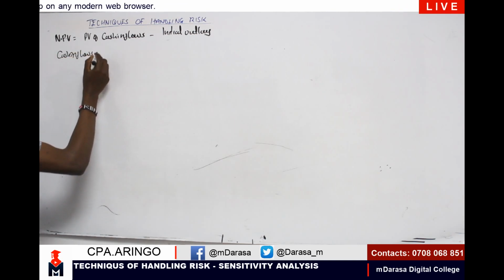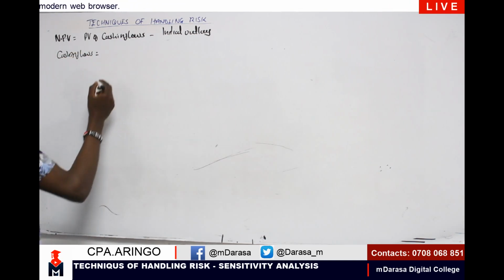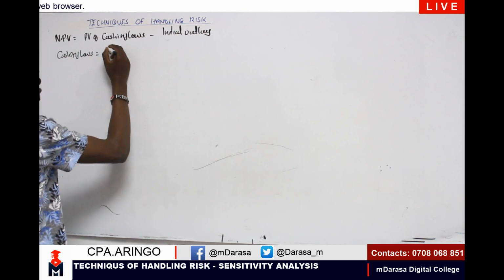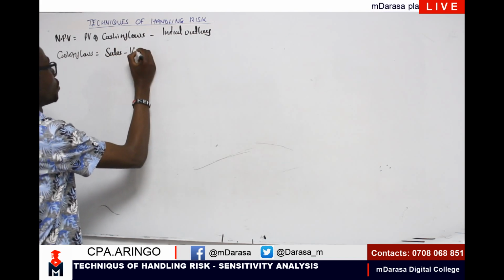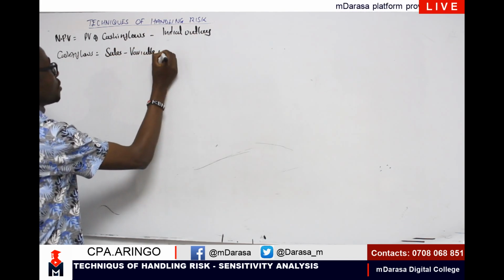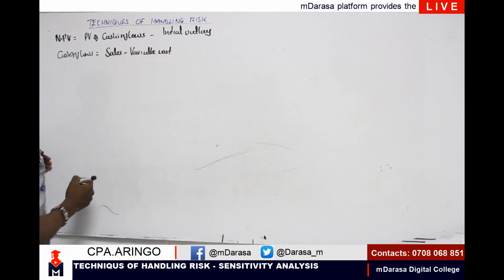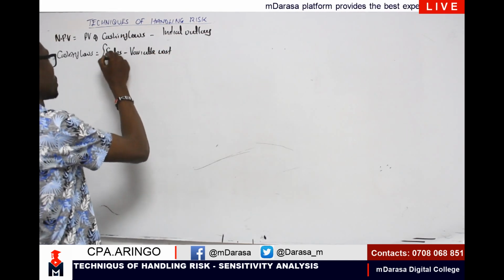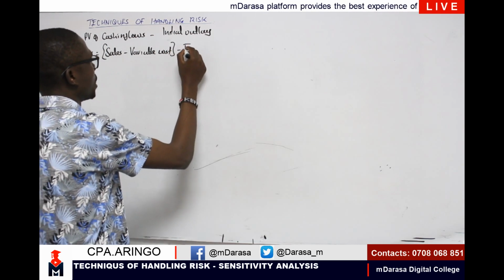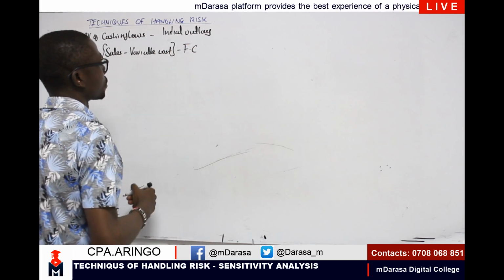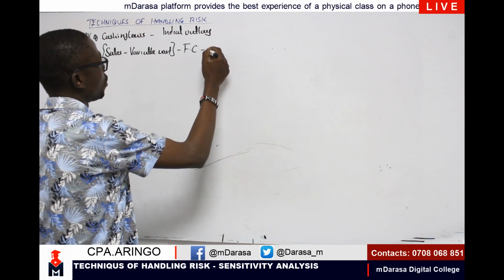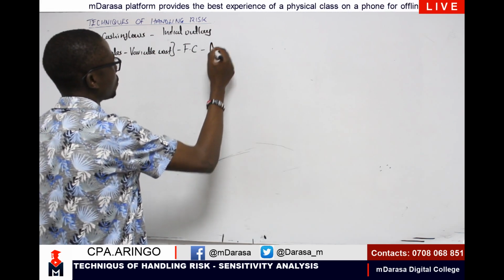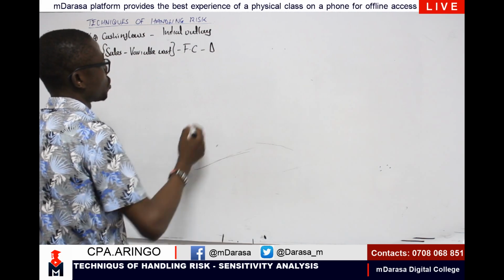Recall the cash inflows, where we said that to determine this, I'll be taking our annual revenue, or sales, minus our variable costs, or you can term it operation cost, minus our fixed costs. Then we can talk of our depreciation, minus depreciation.